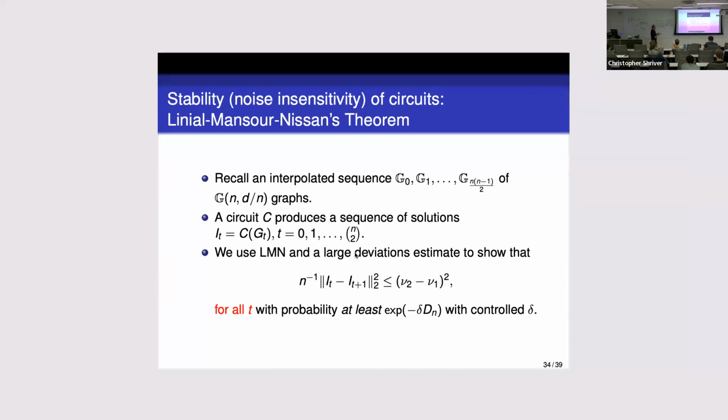The fix turned out to come from the large deviation analysis. With a little bit of work, or actually quite a bit of work, it turned out one can show that all of the steps are small with probability, admittedly not too large, but lower bounded by this exponential term, with some constant delta that we can control.